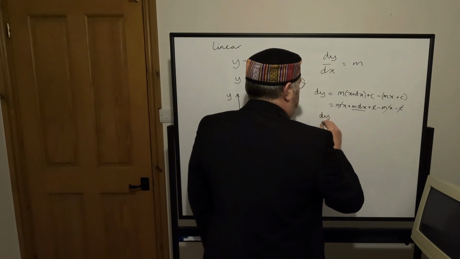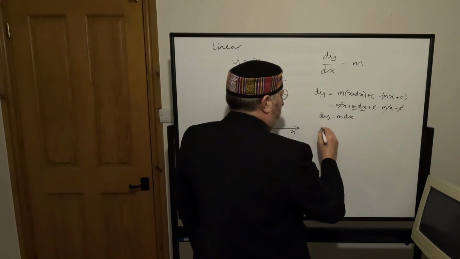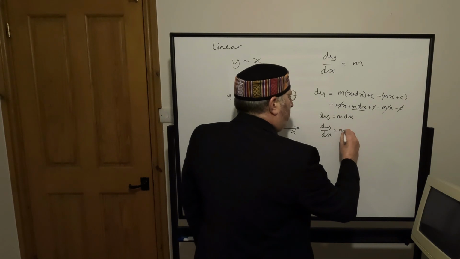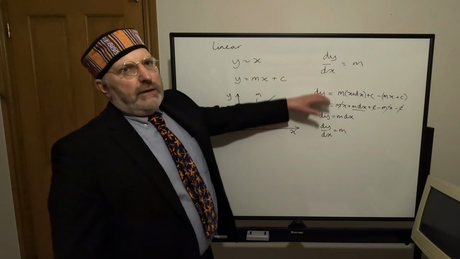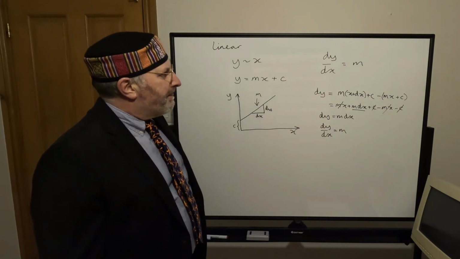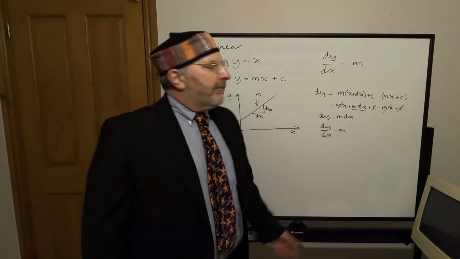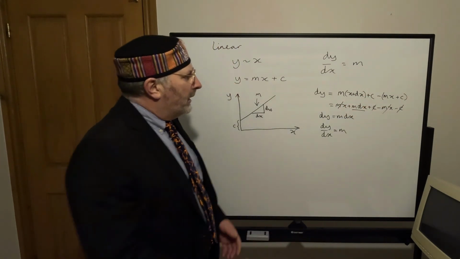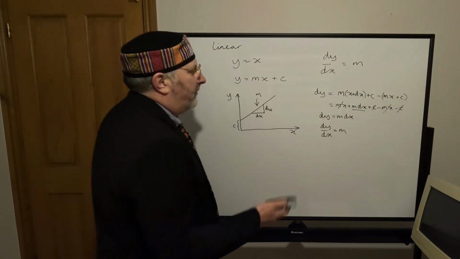So we've got dy equals m dx, and then we can take the dx down, just treating this like a fraction. dy by dx equals m. That in a nutshell is what we did in the first lecture when we were considering how we get a derivative. We took an x plus dx and an x, and we found the difference between them, though in that case we were looking at squares. And I'm now going to look at it a second way.